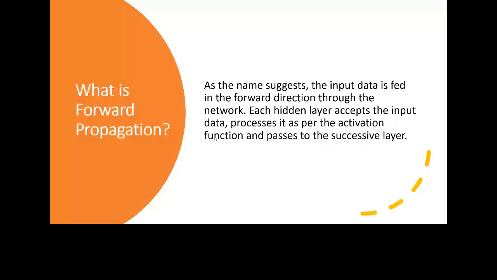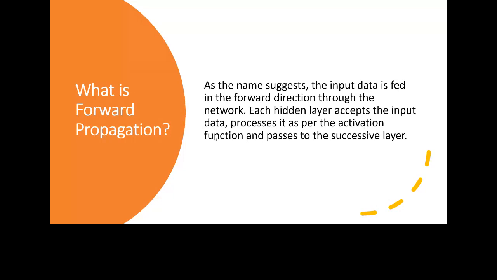So, forward propagation. What is forward propagation? It's nothing except propagating the data through the layers, from the input layer through the hidden layers and then the output layer, in the forward direction. We have just seen the calculations before; it's the same thing.